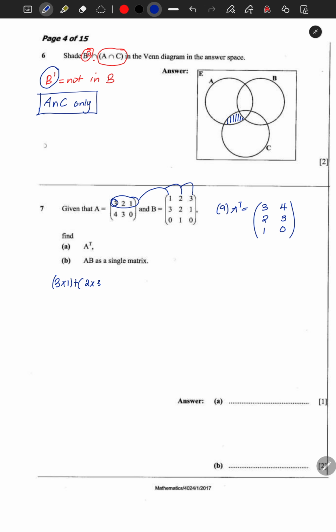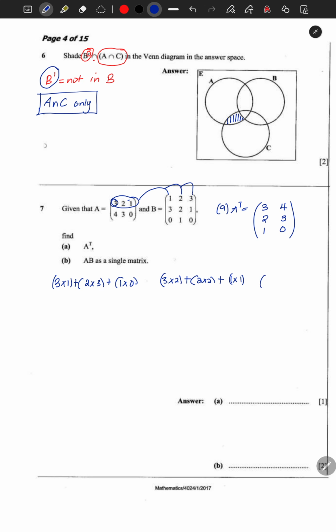So this row has multiplied the whole column, and you add those products together. Then you leave a space. This row should again multiply the next column: 3 multiplied by 2, plus 2 multiplied by 2, plus 1 times 1.